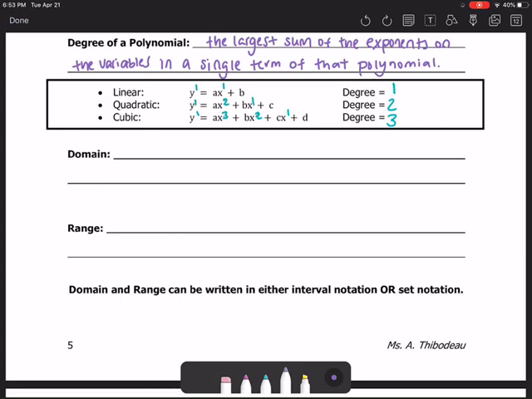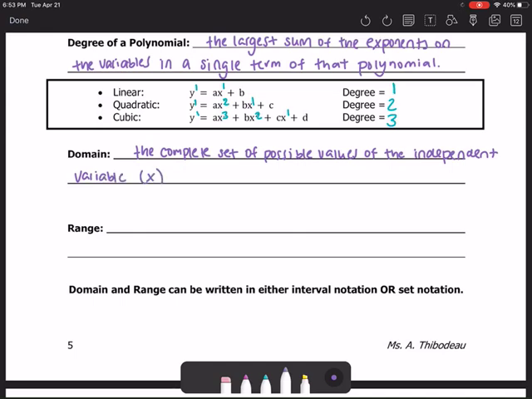The domain refers to the complete set of possible values of the independent variable. So that's the variable that's usually graphed on our x-axis.